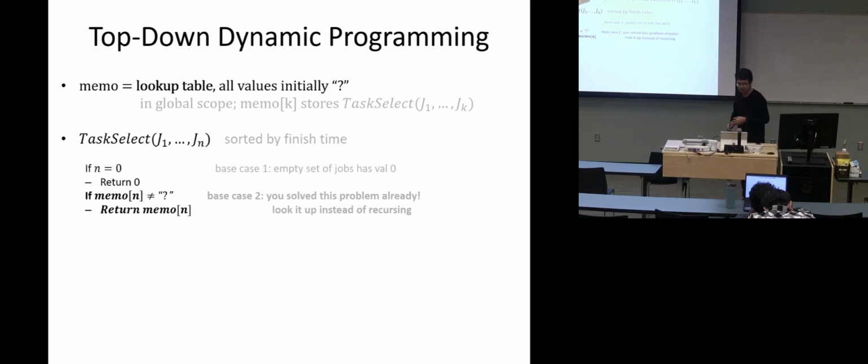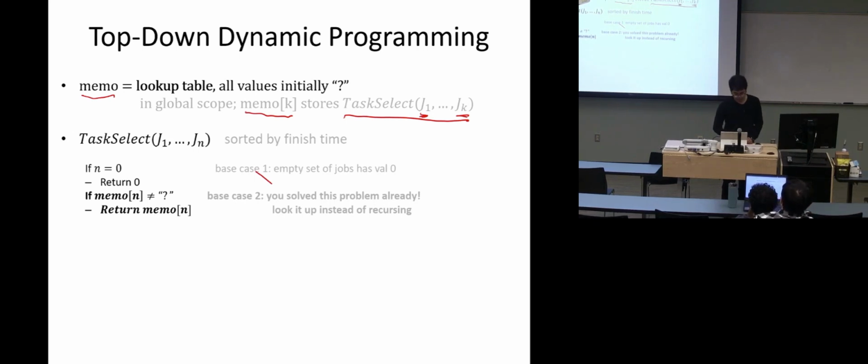Now let's write down the recursive algorithm such that you remember what you have computed. Let's say you have an array, call it memo. It's a global lookup table, and memo[k] stores the solution when you recurse from J1 up to Jk.